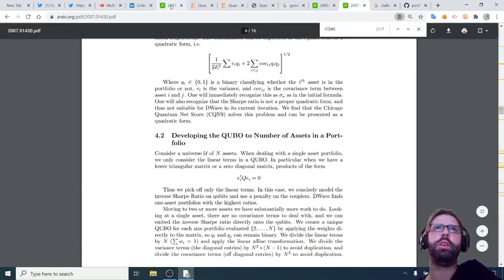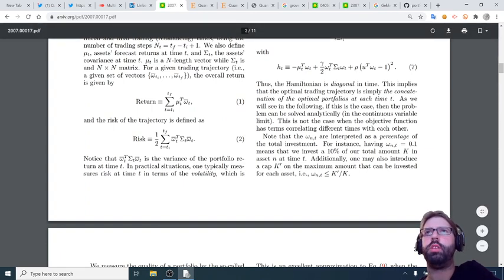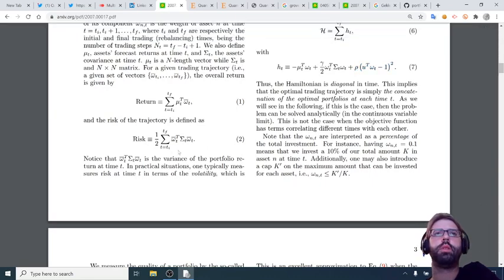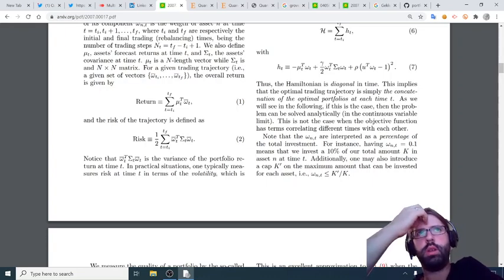But then what is the other part? What is this part? This is the Coherence Matrix, right?